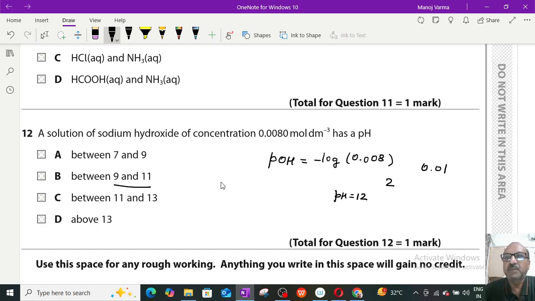Okay, but to be more precise, we'll have to actually find out the value of the POH. So I'll just find out the value of the POH. Okay, just wait.